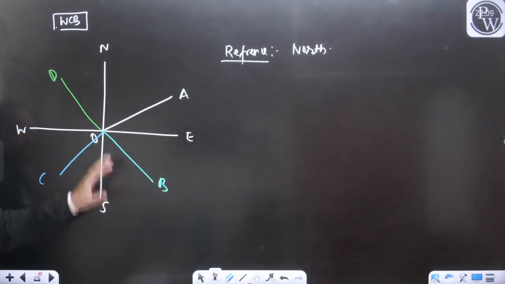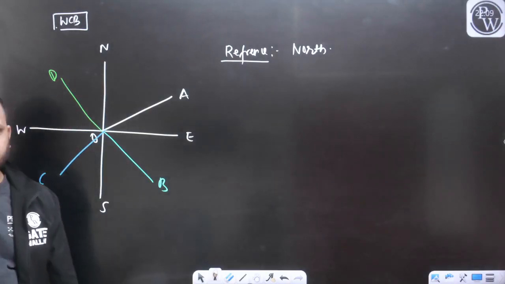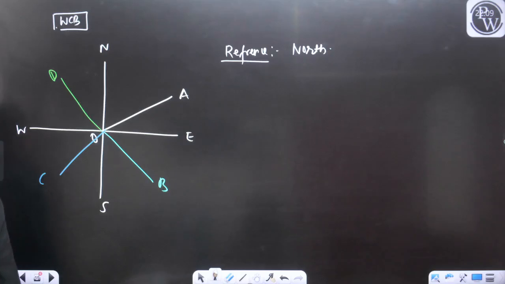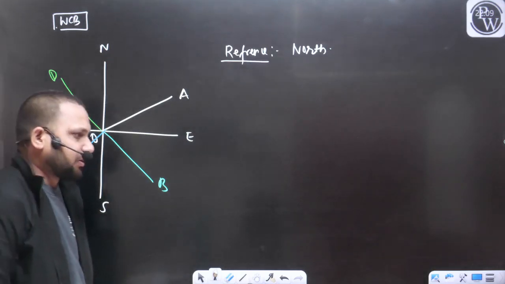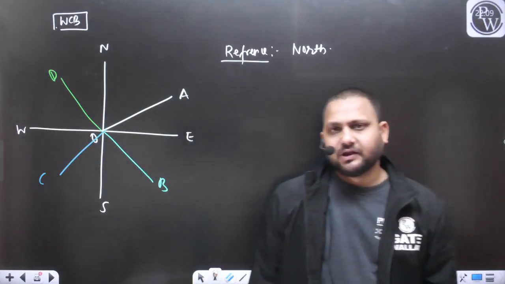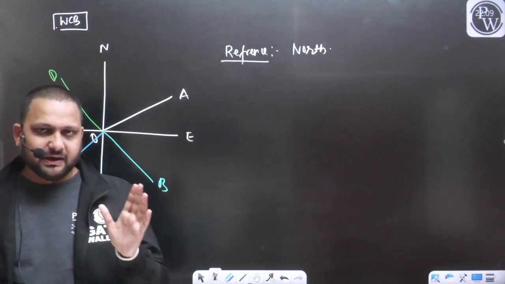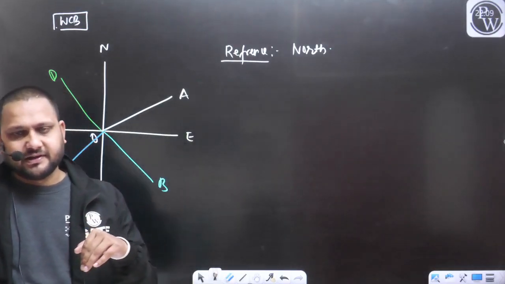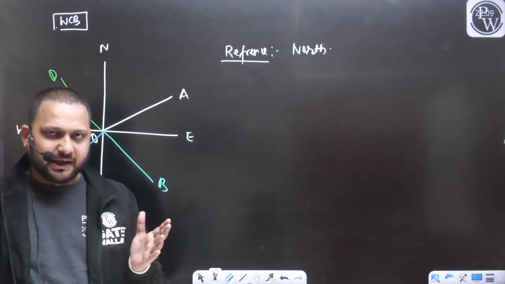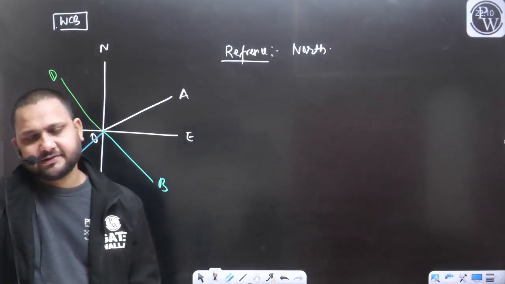If we are considering north as the reference, now we have another question. Sir, should we measure this angle in the clockwise direction or in the anti-clockwise direction? We can measure the angle from the north in the clockwise direction, or we can also measure it from the north in the anti-clockwise direction.